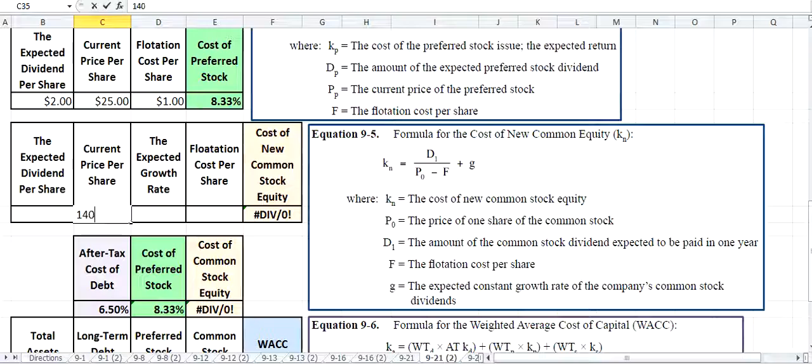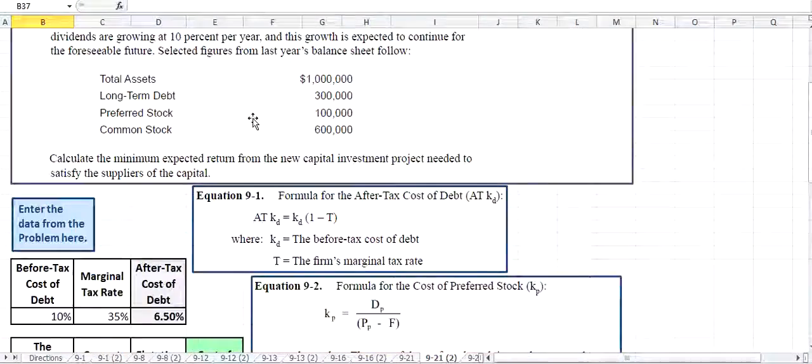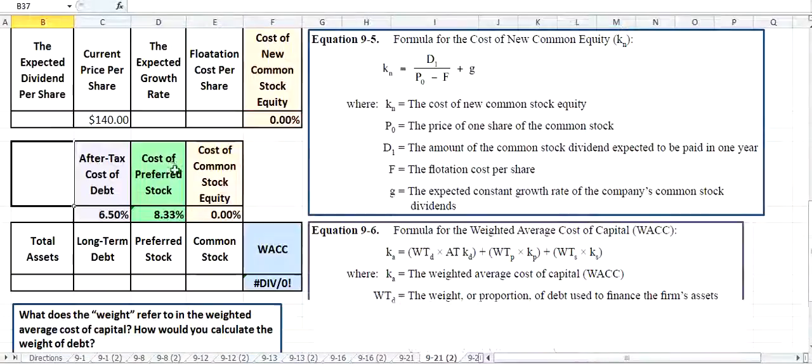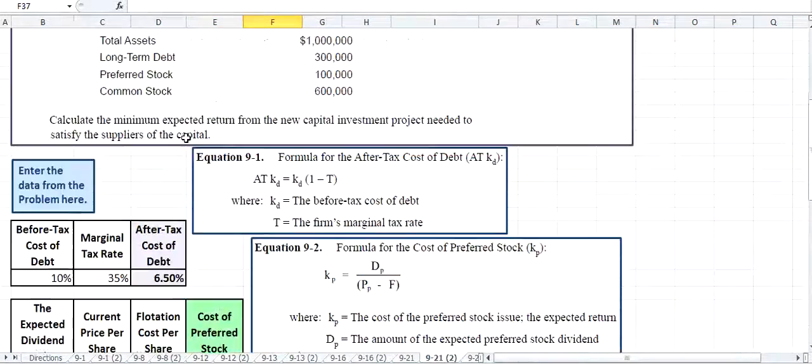Let's put that right there, with an expected dividend in 1 year of $5 and a new issue flotation cost of $4 per share. So 5 for the dividend and 4 for the flotation. Now we just need the expected growth rate.